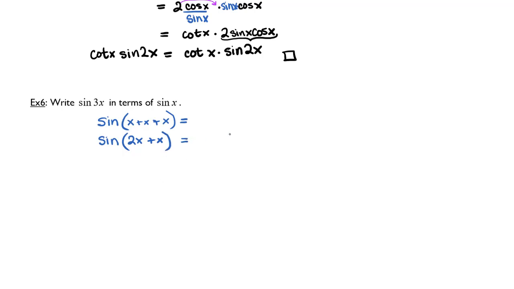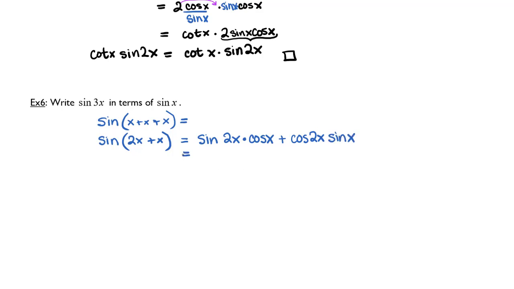And I know the formula for double angles, but I could also think of this as a sum, the sum formula, which would give me sine of 2x times cosine of x plus cosine of 2x sine of x.